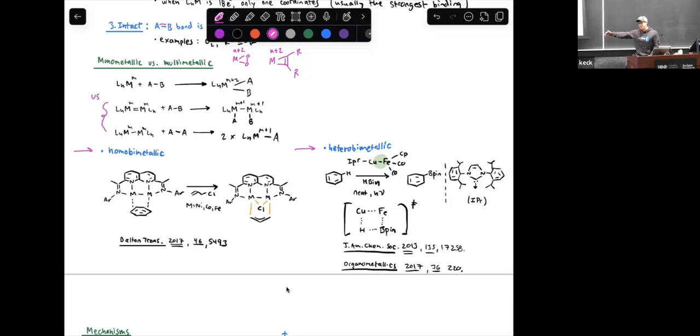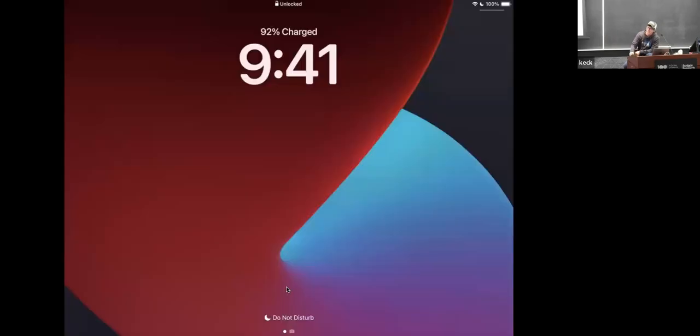They can carry some of your troubles when you're having a hard time, and when you're having a good time, then they're along for the ride. So they can accept electron density when you have too much, and the partner can give it back when you need it. And so they can have this electronic communication that allows you to be more electron rich or more electron poor at a given point on a catalytic cycle when needed, or at least that's the pitch. I think the full promise of this concept has not been fully realized, although it's very exciting.